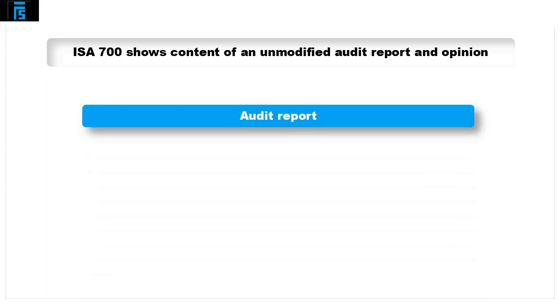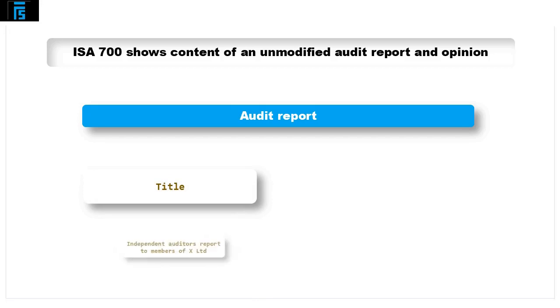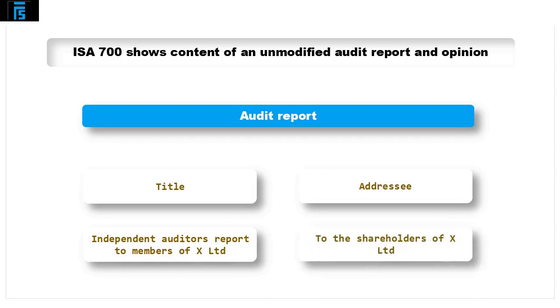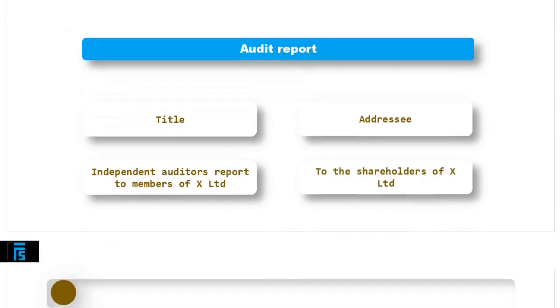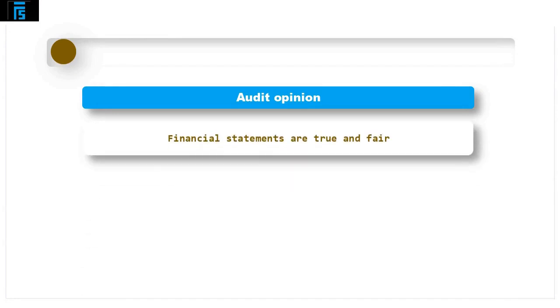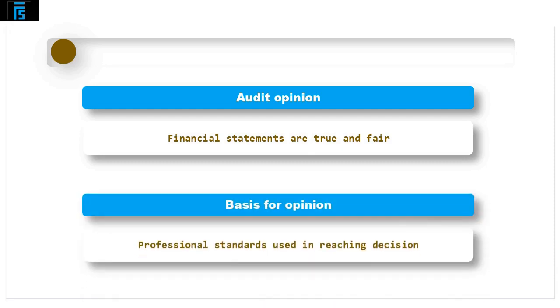Within this audit report, there should always be the title, clearly showing that this is an independent auditor's report, the addressee, showing the intended users of the audit report, the audit opinion is included underneath, where they will state that the financial statements give a true and fair view, basis for opinion, which explains the professional standards used when reaching the opinion shown above. This helps give confidence to the users and includes more details on the opinion given if necessary.